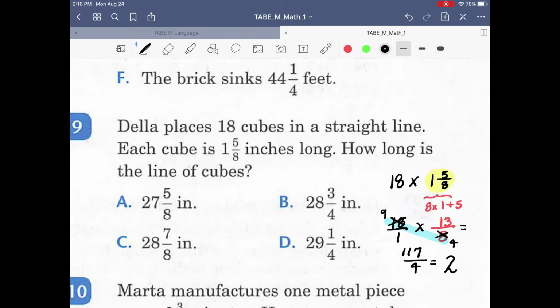That would be 3, 37, so 29 1/4, and that is D. Yes. Please feel free to stop the video at any time if you need a little more time to work those out.